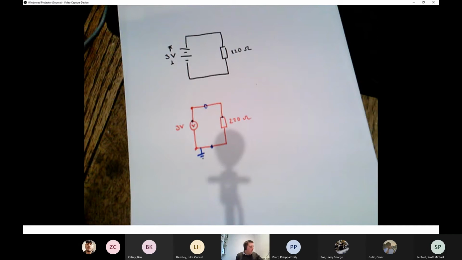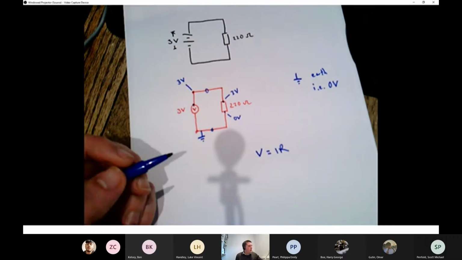And that means if this point is 3 volts, remember I said that wires don't really do anything. So in fact, this point here is 3 volts and this point here is 0 volts at the top and the bottom of the resistor. And now I can write down Ohm's law, again from that list of the important points about electrical engineering, V equals IR.